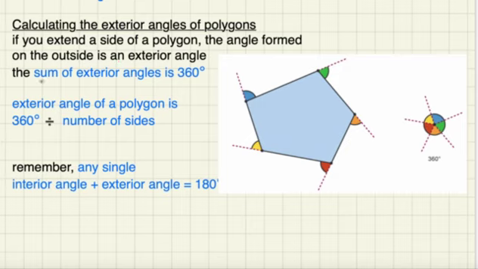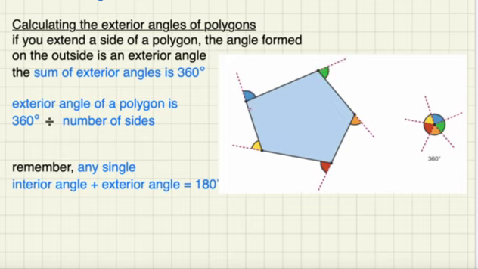So let's do that before we look at the next bit. So this is a polygon. This is one of its sides, and if we were to extend it like so, it forms an angle on the outside with the exterior, and so this is the external angle.